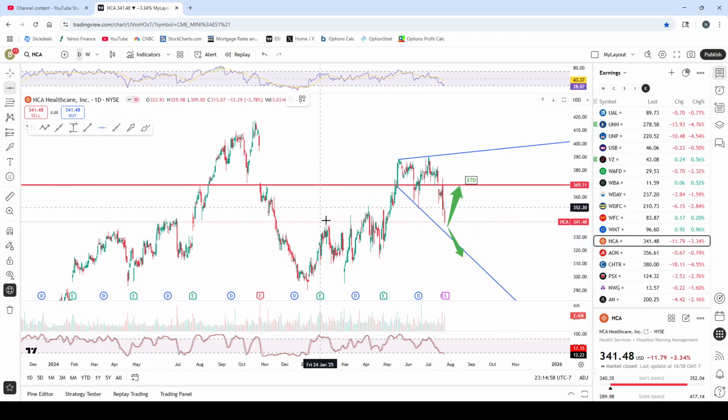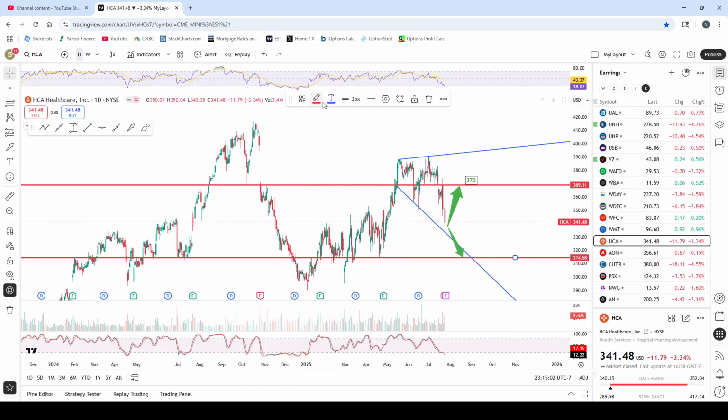So that is a good place to call it a support. So the last low and then going across backward, we see a lot of pivot points, which is a good level. Now we need to check. So it's about 315.